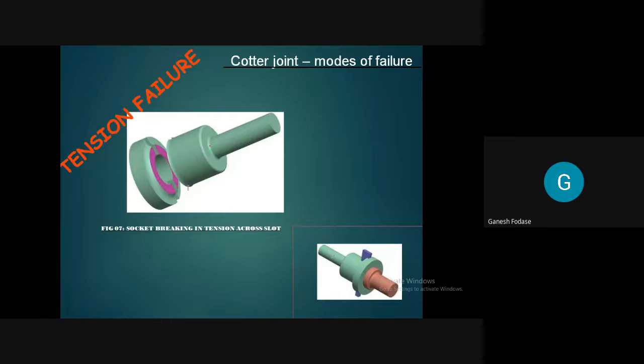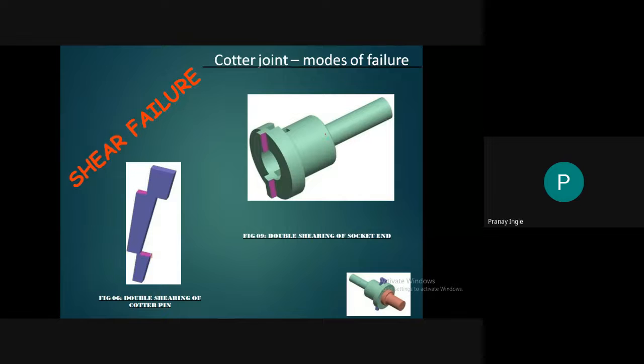Then this one is very important. Which end is this? Socket end. But here it is shearing failure. We are going to discuss this in detail, but I'm just showing you. Shear failure will be there in a cotter joint.